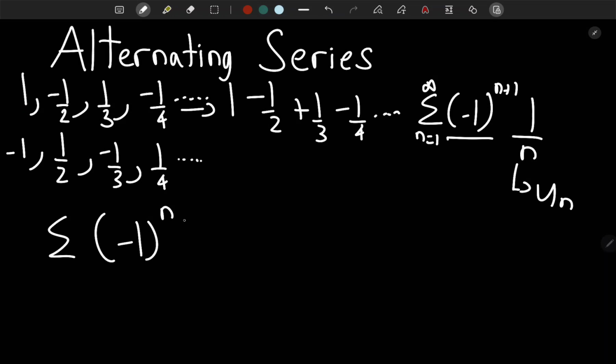So that's why it depends whether you want the power of n or the power of n plus 1, and n is going from 1 to infinity, and you are multiplying it by u of n, which we just discussed.